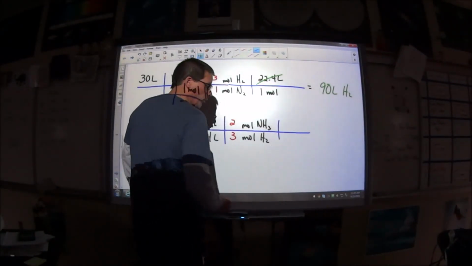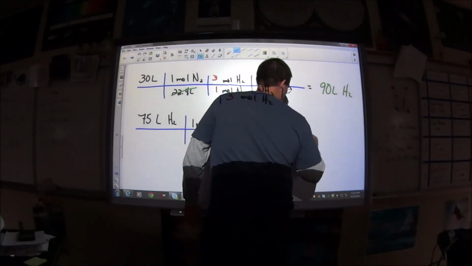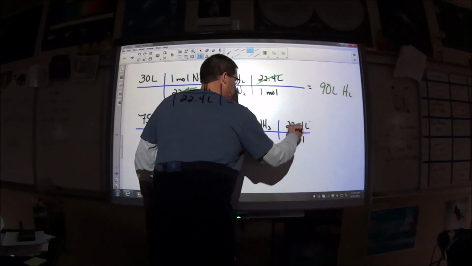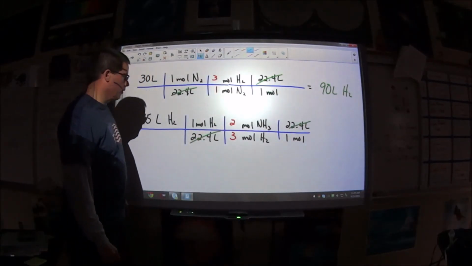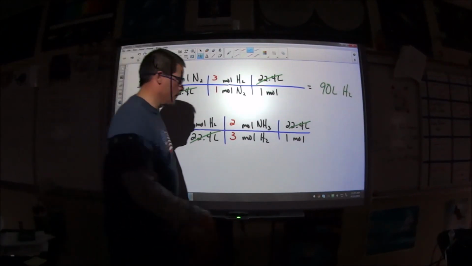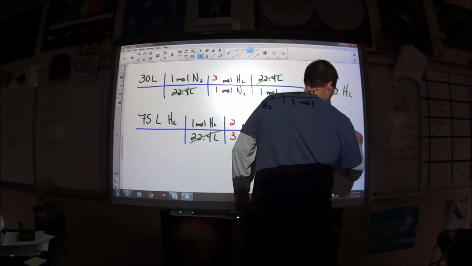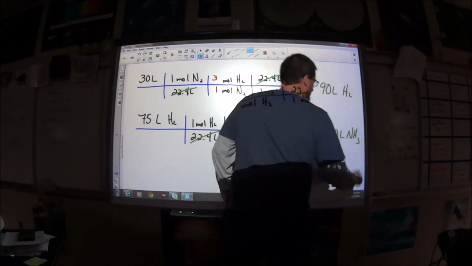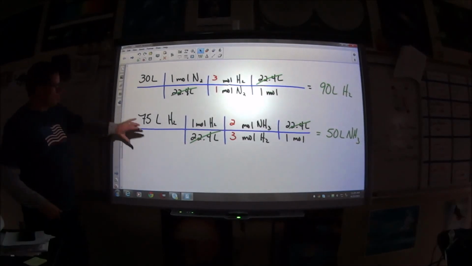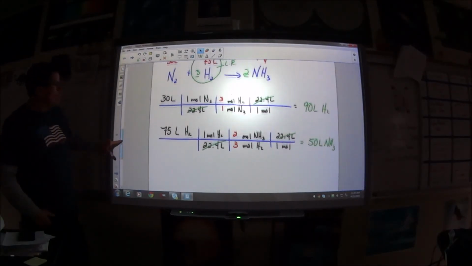And then we're looking for the volume, so last step. 1 mole is 22.4 liters. So we can cancel 22.4 liters. So 75 times 2 is 150, divided by 3. 50 liters of ammonia. These are actually pretty fun. Okay, so take a look at that whole problem there.